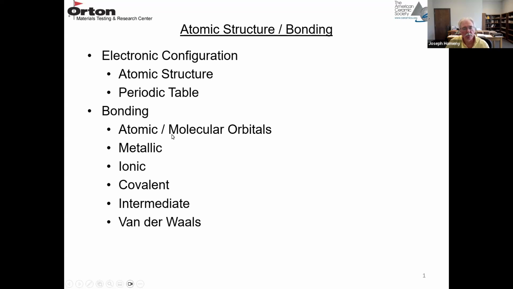There's atomic and molecular orbitals, metallic bonding, ionic, covalent, intermediate, and van der Waals. It turns out most of the high temperature ceramics and refractories are ionic and covalently bonded, or more commonly, a combination of ionic and covalent bonding or intermediate bonding.